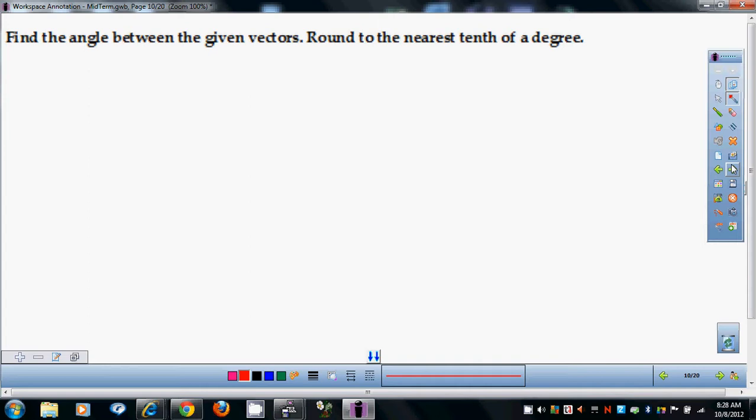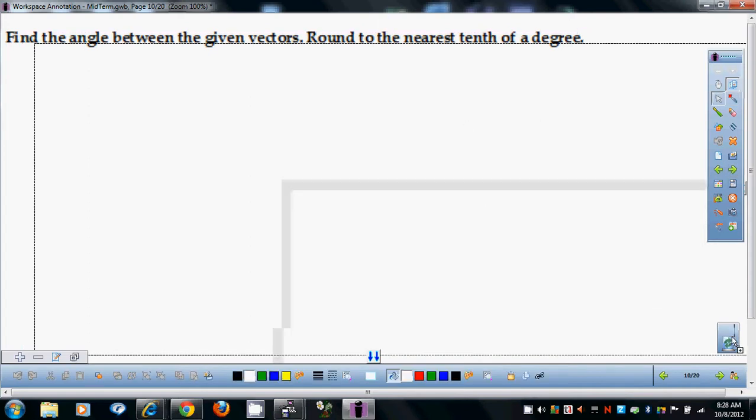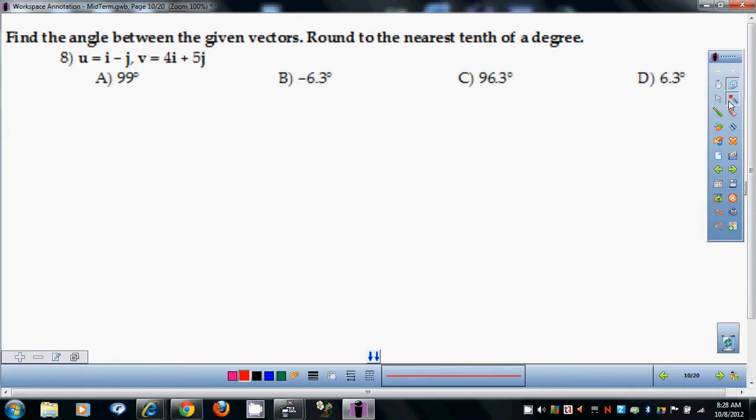That's right, and then I do what with them? Cos inverse, very good. It's going to give me two vectors. I'm going to find the cosine inverse of the dot product divided by the product of the magnitudes.